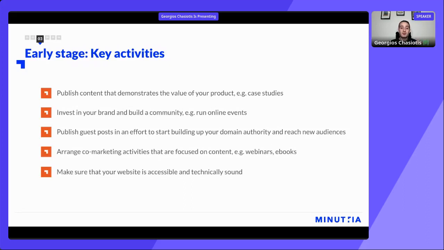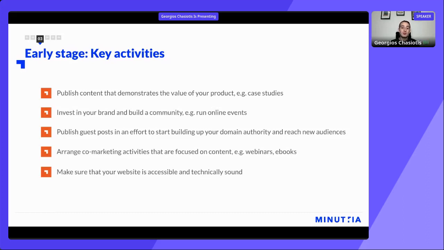Now, something very important here, when we say anything that would demonstrate the value of your product, doesn't mean that you should be rolling out product updates every other day. Okay, this is overwhelming, and this is not essentially demonstrating that the product that we are building can help you with XYZ problem that you are facing.